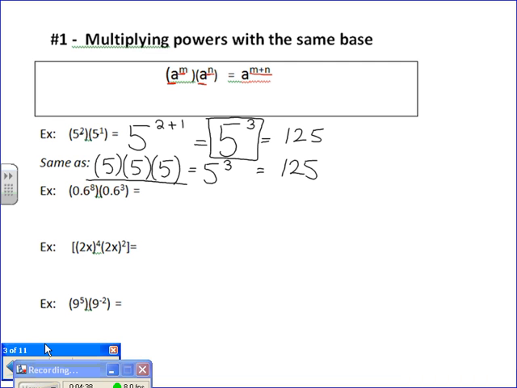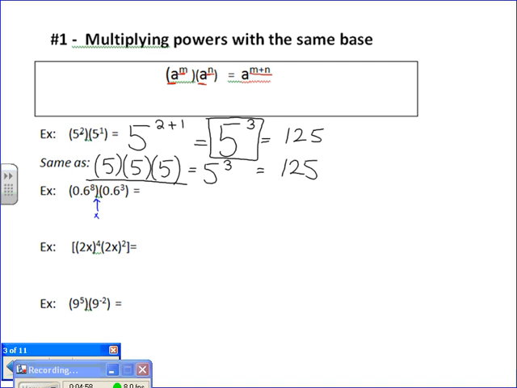We've got 0.6 to the power of 8, times 0.6 to the power of 3. One thing I want to mention here is that there are a few different ways to show multiplication. When you have brackets directly beside each other like this, that means multiply.